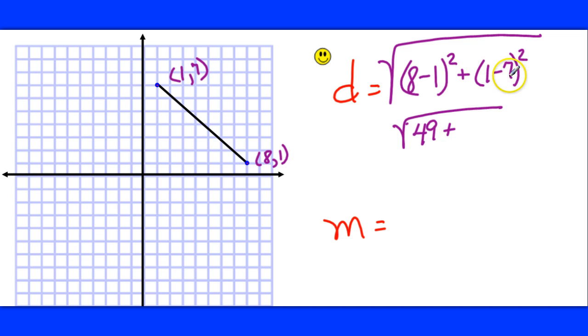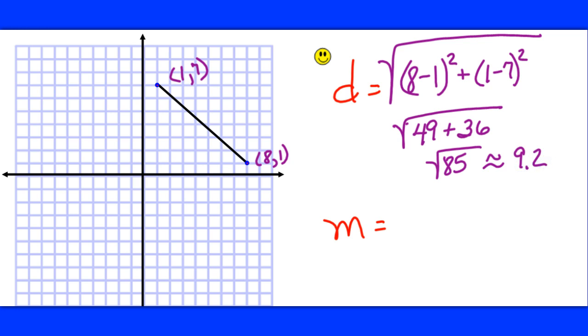Plus 1 minus 7 is negative 6. Negative 6 squared is 36. Add these two together, and I get 85. Now, there is not a square root of 85, so we can just approximate it at this point. I'm going to guess at this point it's going to be about 9.2. I can do that on my calculator.